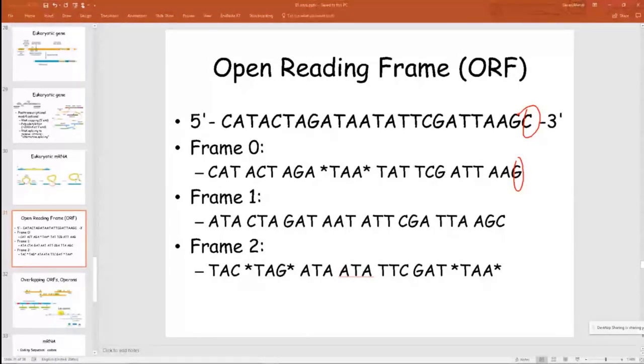If we did 1-to-1, we would only be able to make use of 4 amino acids. So what the cell has invented is to use triplets of nucleotides to encode different types of amino acids. We'll say a CAT will be a particular amino acid, and ACT will encode a different amino acid.